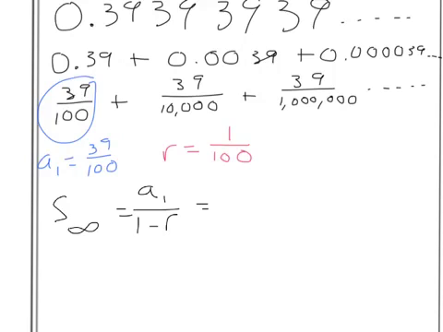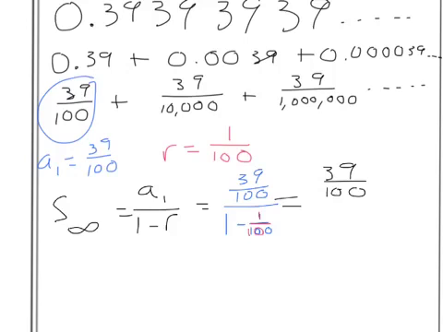And I can plug that in. My A sub 1 is 39/100ths over 1 minus my R, which is 1/100th. And I would say that that's the same thing as 39/100ths over, well, 1 minus 1/100th, that's 99/100ths.